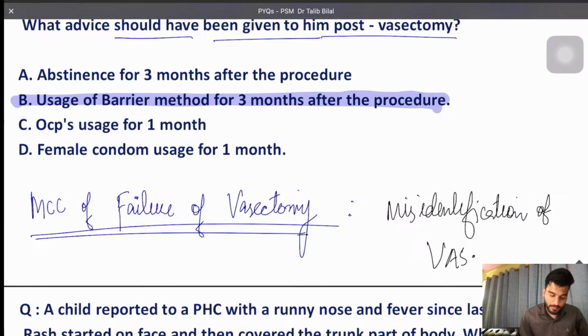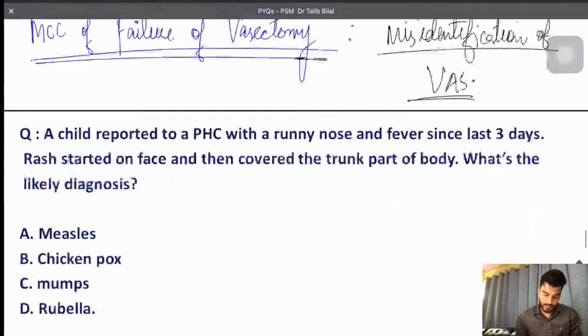And for vasectomy, as per the ESI Act, how many days of leave is given? Write down in the comment section, guys. It is 7 days. And for tubectomy, it is 14 days. And the most common procedure for tubectomy is Pomeroy's technique, remember that as well.